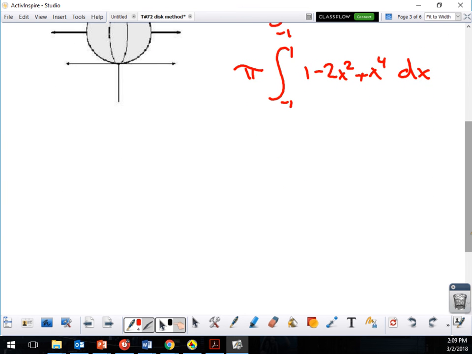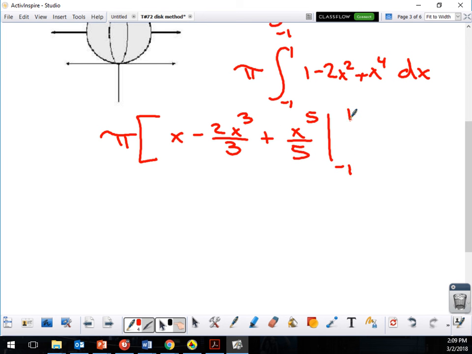And it's going to be pi times x minus 2x cubed over 3 plus x to the fifth over 5, from negative 1 to 1. And I'll let you guys finish that up.